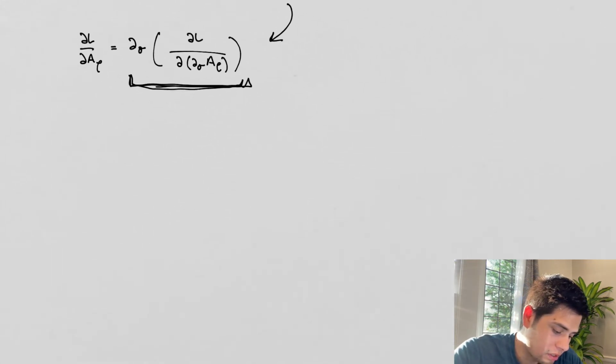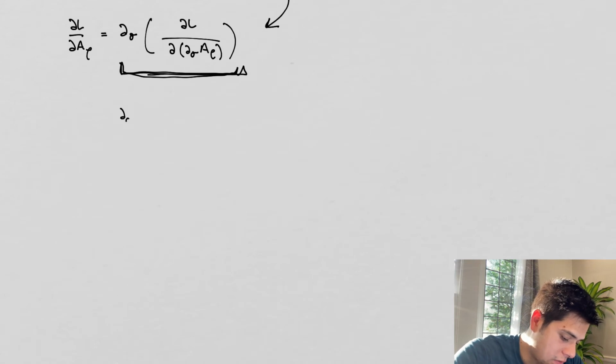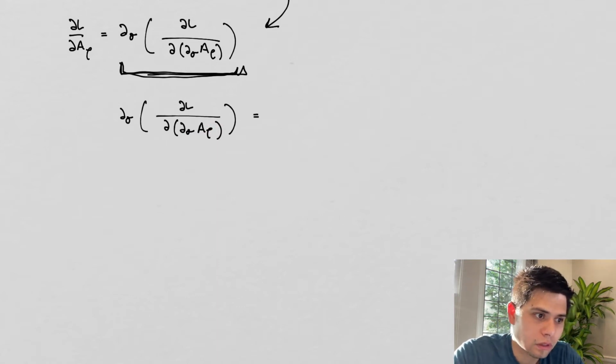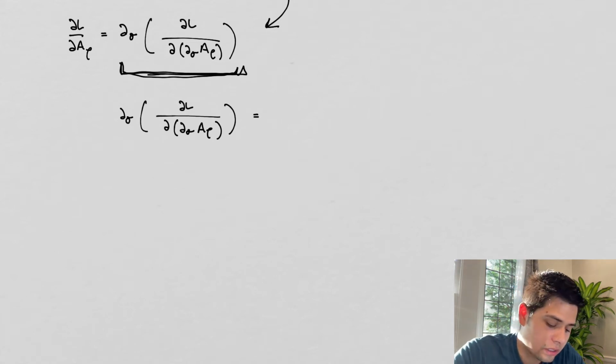So what's this going to be? d rho dL over d(d rho A gamma). I keep on saying rhos and sigma. I haven't even said sigma, but those are sigmas. This is a sigma. These are rhos like this. I'm saying it all wrong. So what is this? This is going to be d sigma.